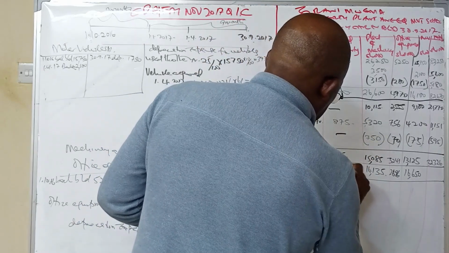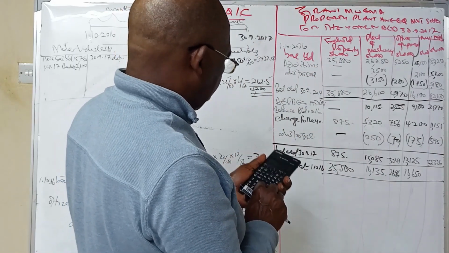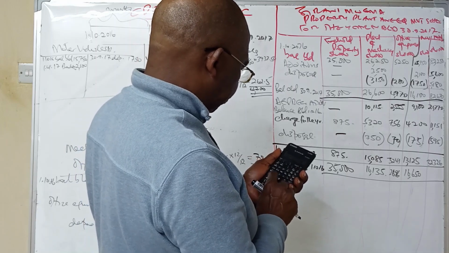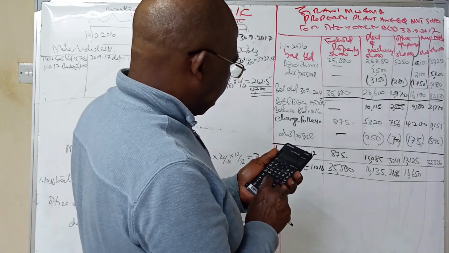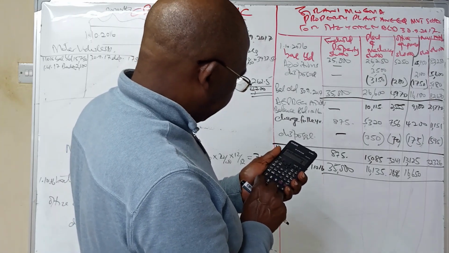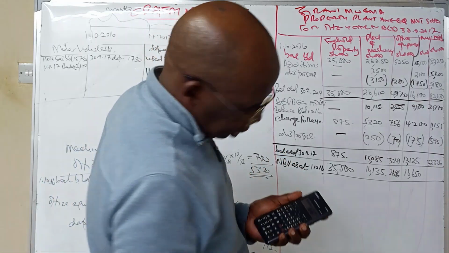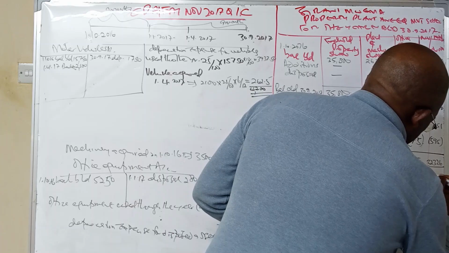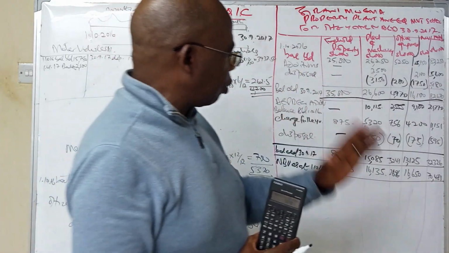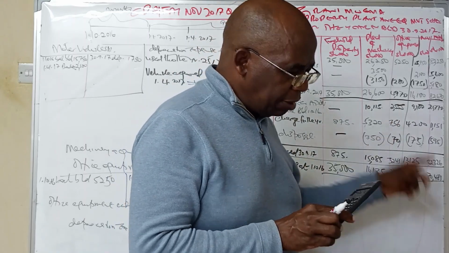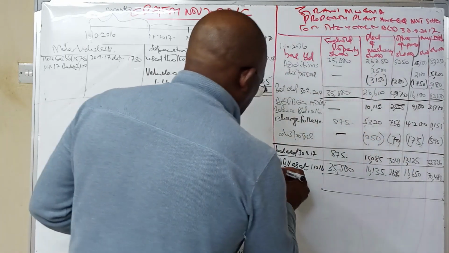So if we say 35,000 plus 16,135 plus 2696 plus 16,650, the closing balance is 74,801. The net book value of all non-current assets, property, plant, and equipment, was 74,801.